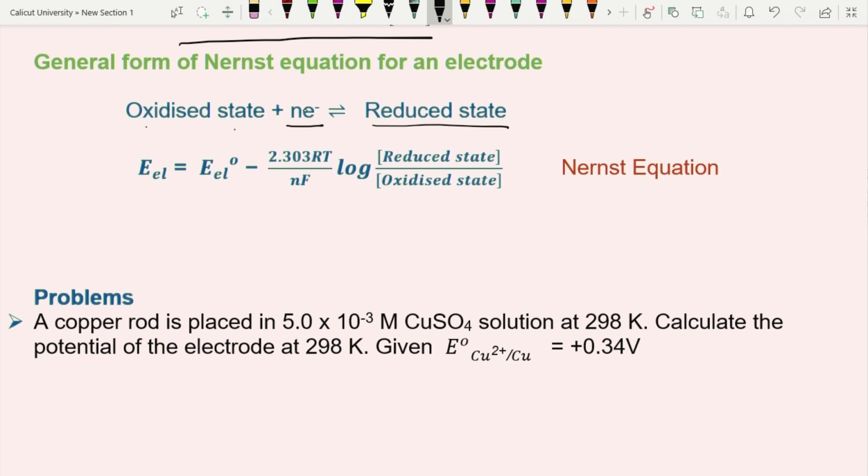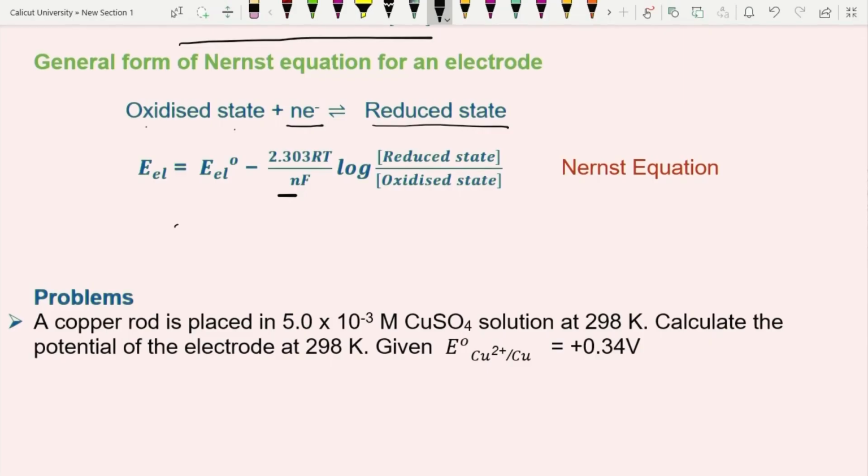Just like that, in this electrode reaction, these are the reactants and these are the products. Of course, we do not include ne, that is the number of electrons involved, which is taken as n here. So, we have the molar concentration of the reduced state divided by the molar concentration of the oxidized state. This is the general form where we can apply it to any system.